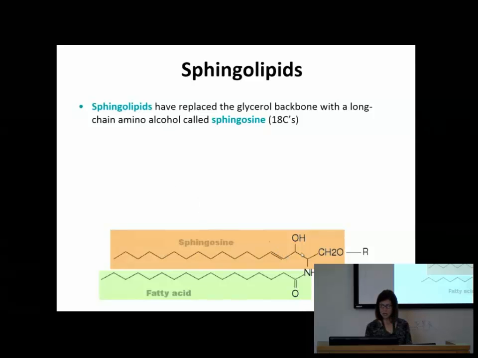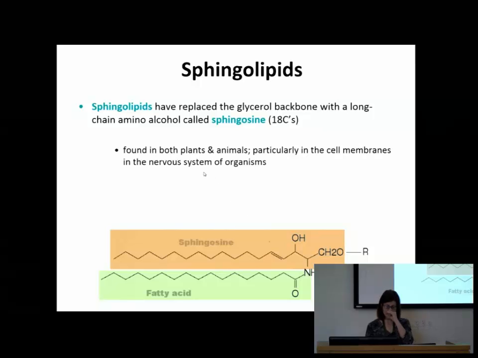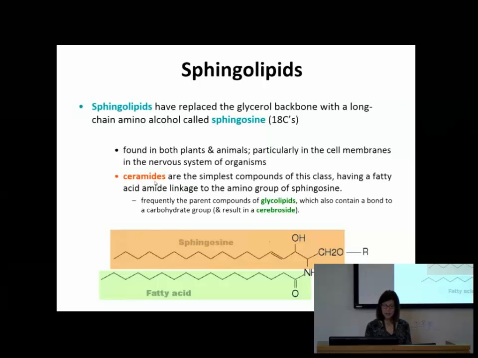So we see it in the nervous system, and it plays a role in membranes as well. Ceramides are the simplest one, and it's basically just a fatty acid attached to the amine of sphingosine.